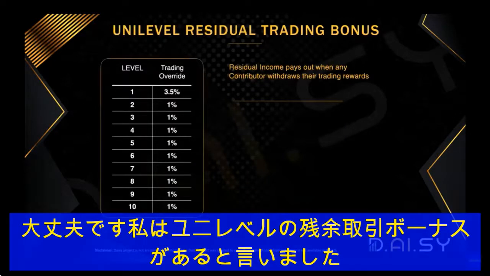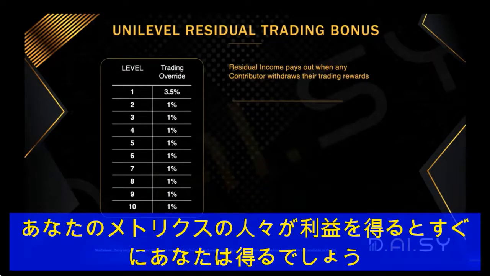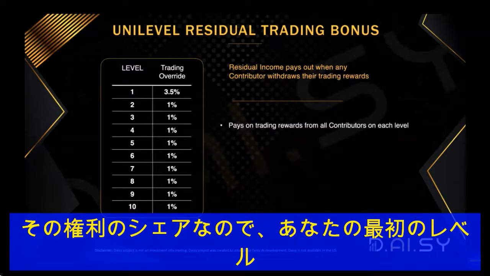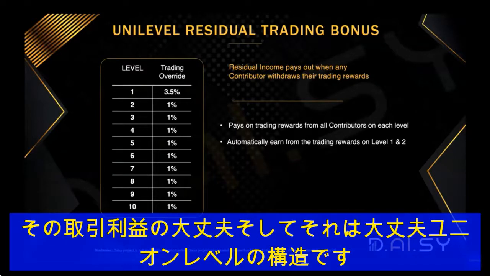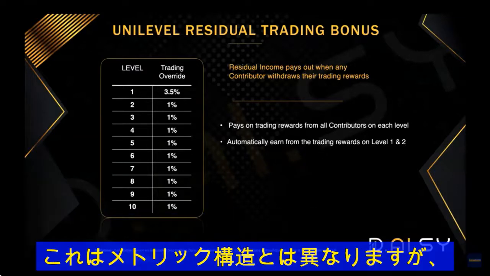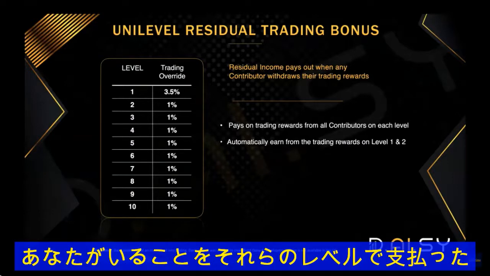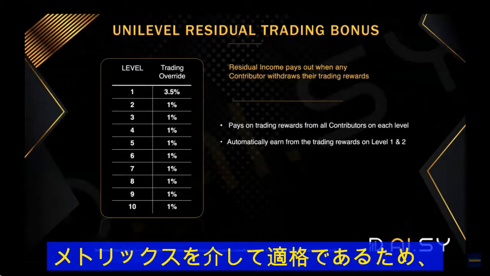All right, I mentioned there is a uni-level residual trading bonus. As soon as people in your matrix take profit, you will get a share of that. So if your first level contributors take profit, you will get 3.5% of that trading profit. And that's a uni-level structure, so this is different from your matrix structure. However, you will only be paid on those levels that you are qualified for through the matrix.